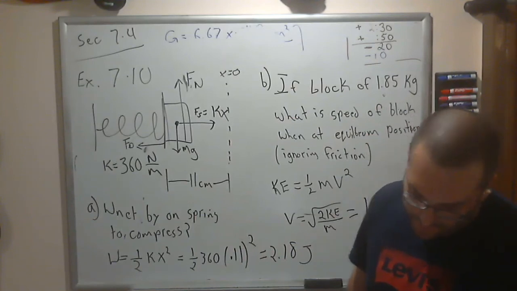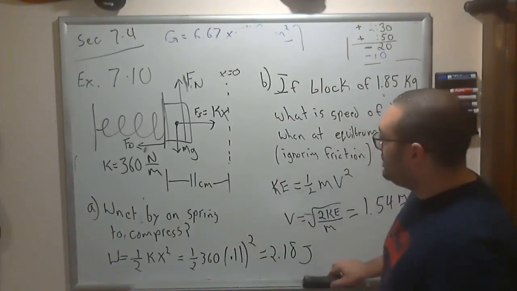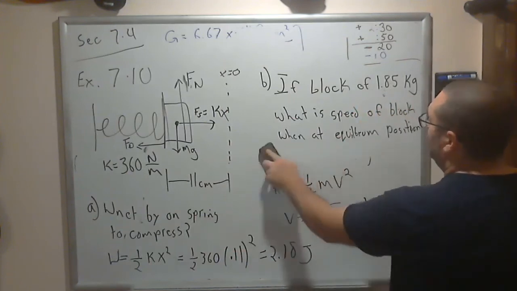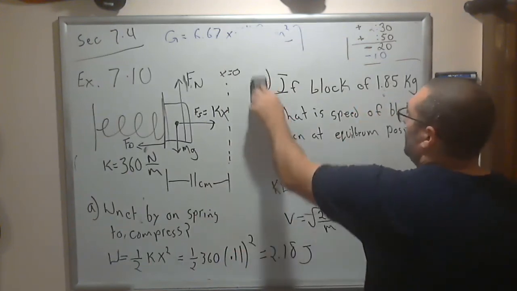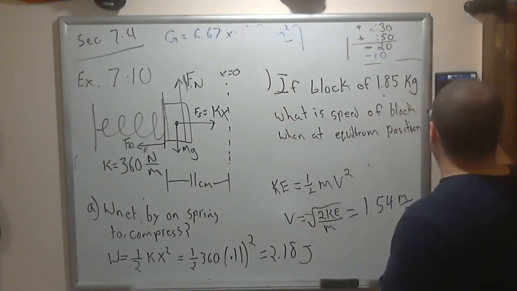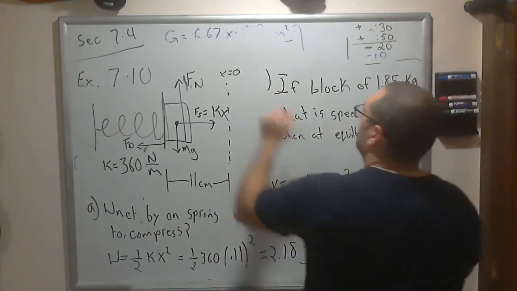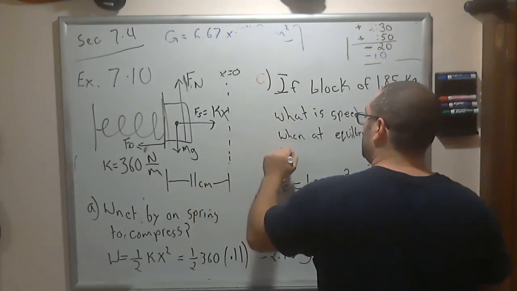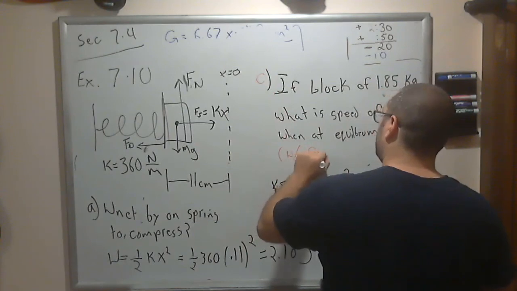Okay, and we'll do this for part C. It's the same thing as part A without ignoring friction, so C will be the same thing, with friction now.